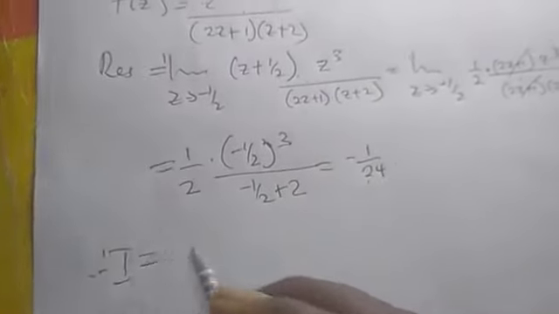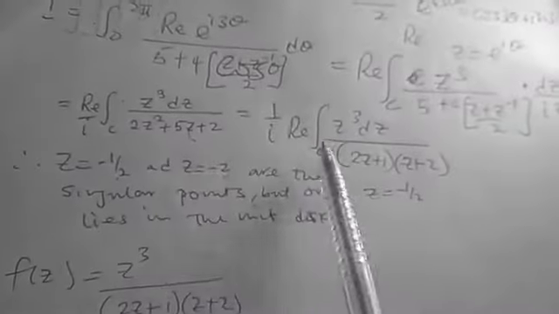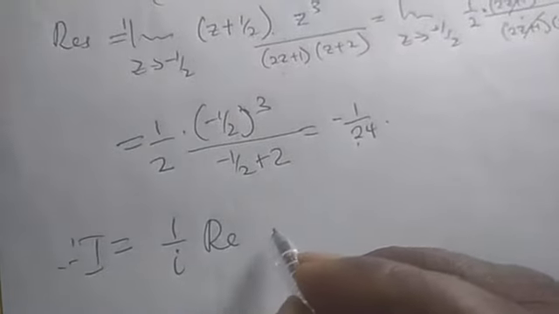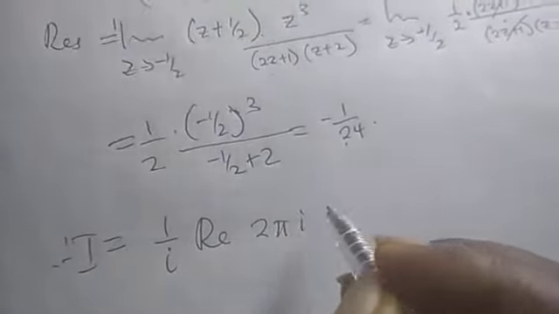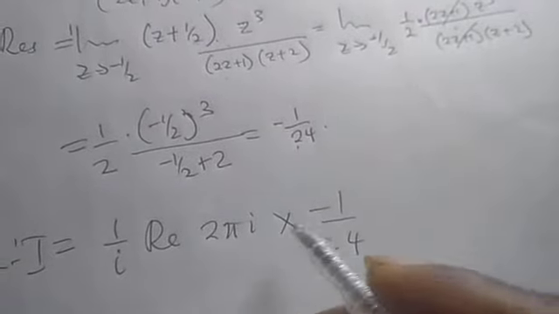Therefore, the given integral will become, there, where is it? You have 1 over i, the real part, the formula is 2 pi i times the residue, minus 1 over 24.